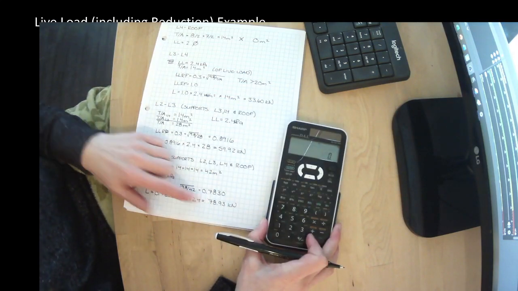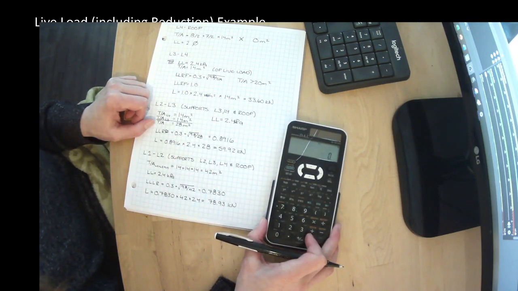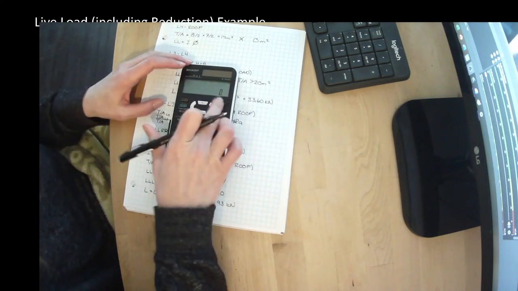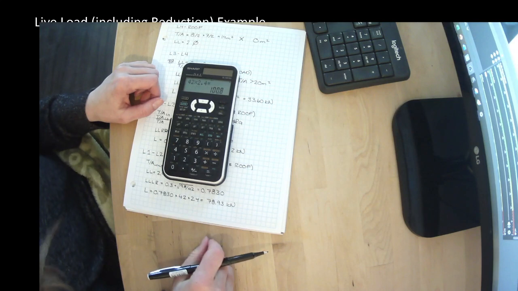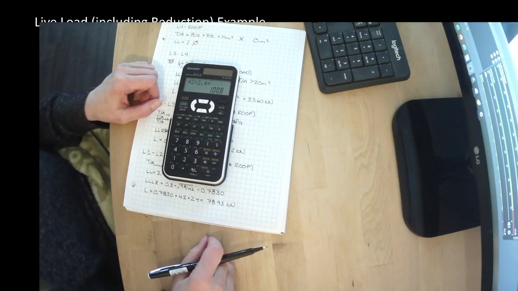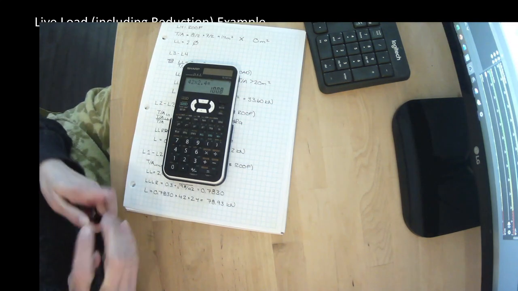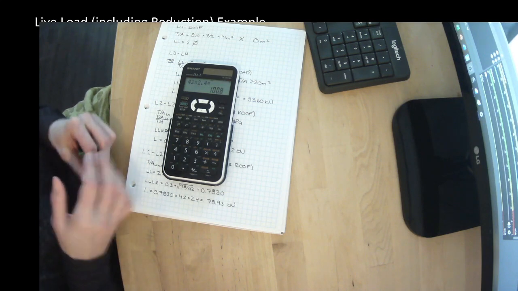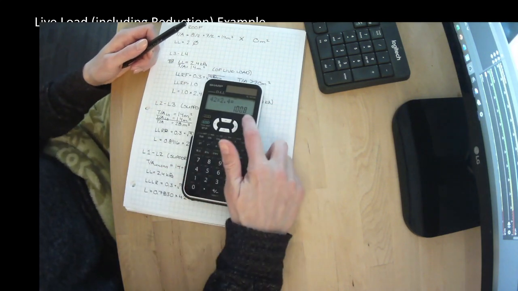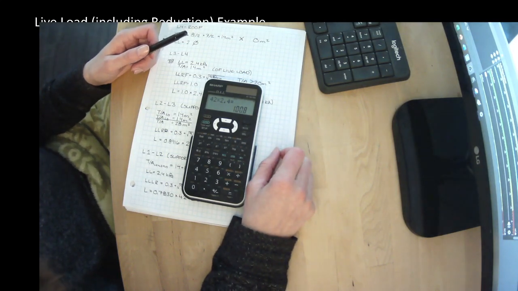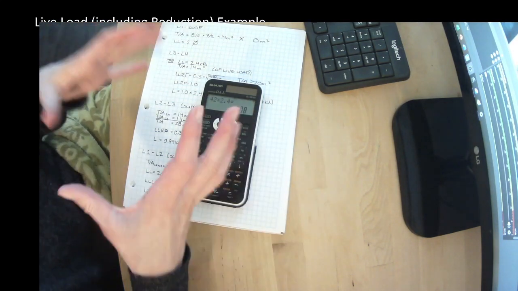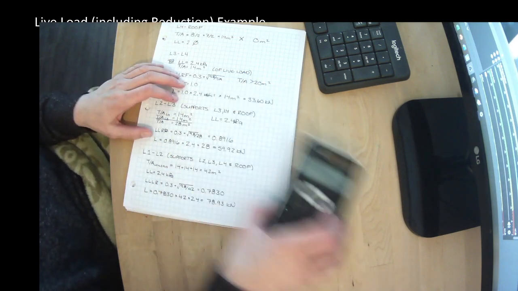Let's see what that load would have been if we hadn't used the live load reduction factor. It would have been 42 times 2.4, or 100.8 kilonewtons. So the live load reduction factor just means it's statistically unlikely that we'd be actually able to see that much load on that column all at once, because the odds of people being there are pretty low.